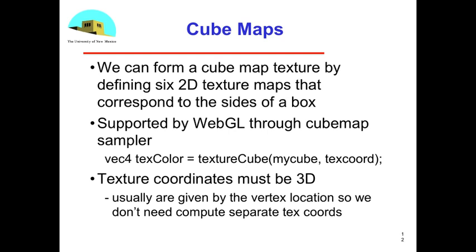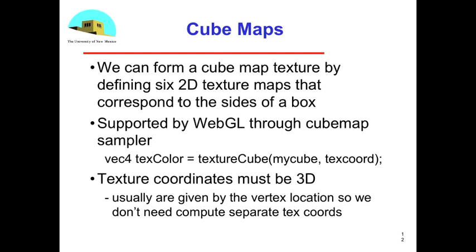In the sampler, it's incredibly simple because all you're doing is using a cube sampler instead of the 2D sampler. So the function is called textureCube. You give it the texture object that you formed. We'll see some code in a few minutes. You give it the pointer to the object, and then you give it the texture coordinate. Now, the texture coordinates are 3D. They're the direction.